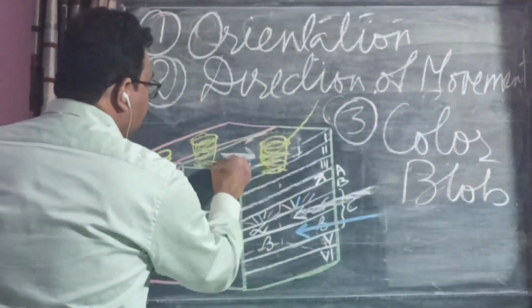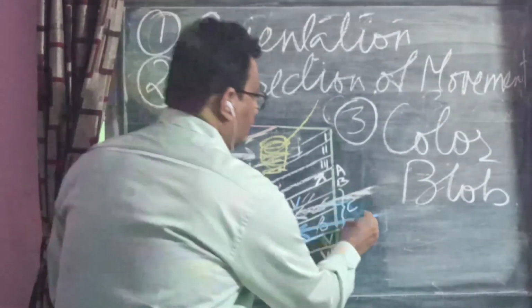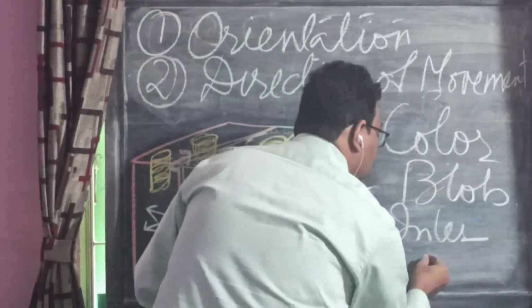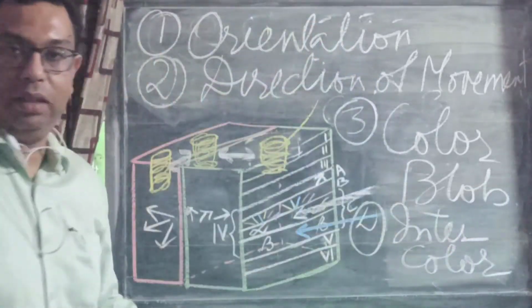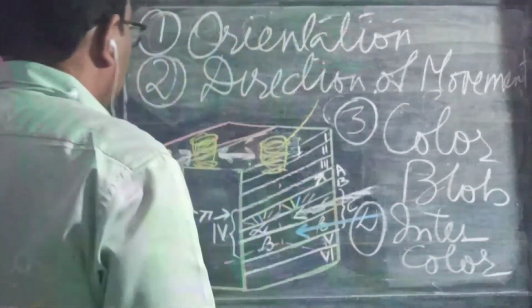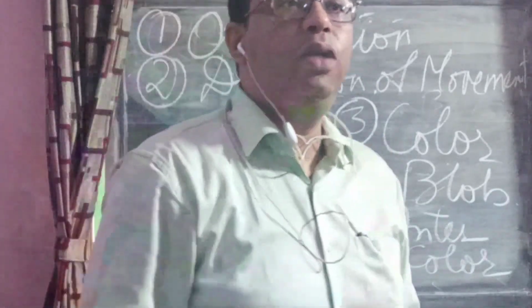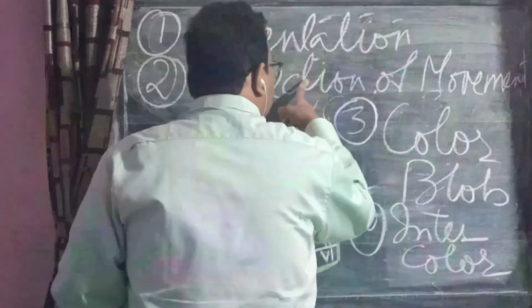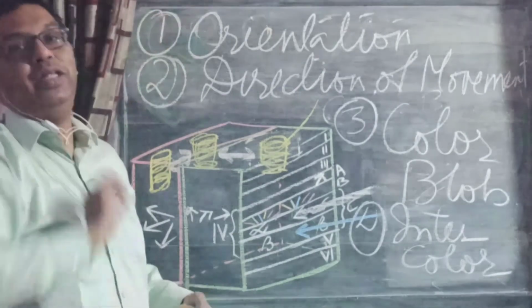In the area between the color blocks, you have intercolor areas. The color block will respond only to colors. It will not respond to direction of movement or orientation of the edge.